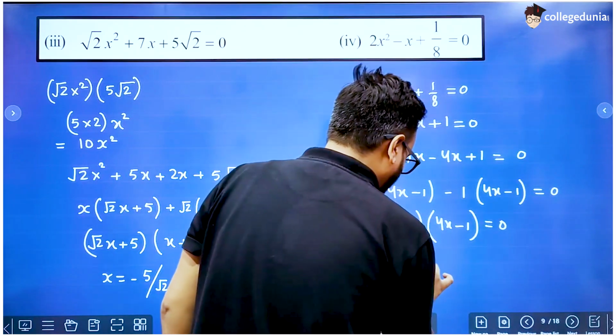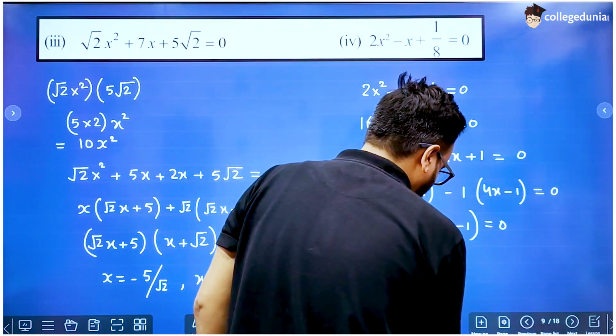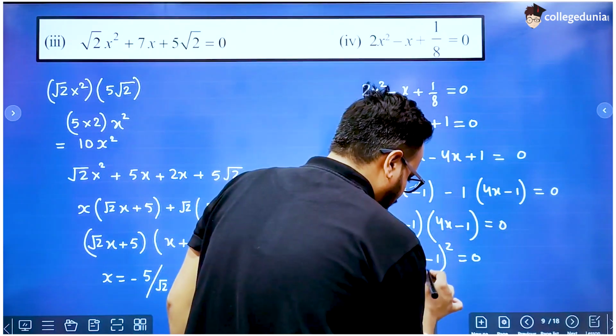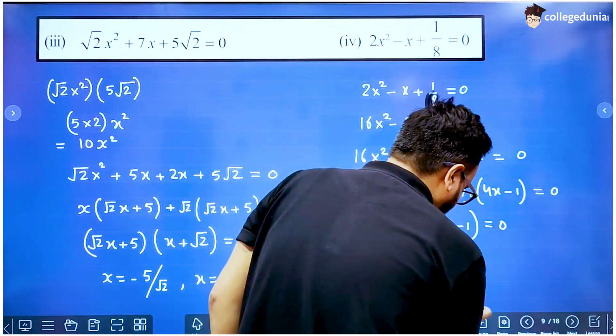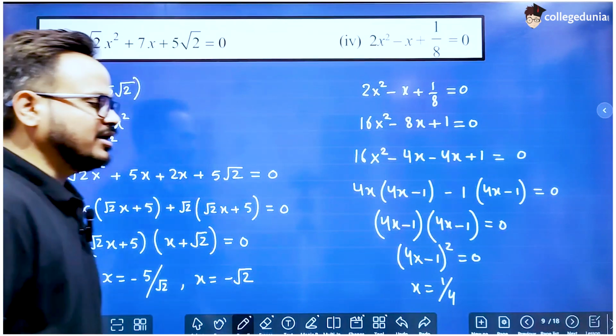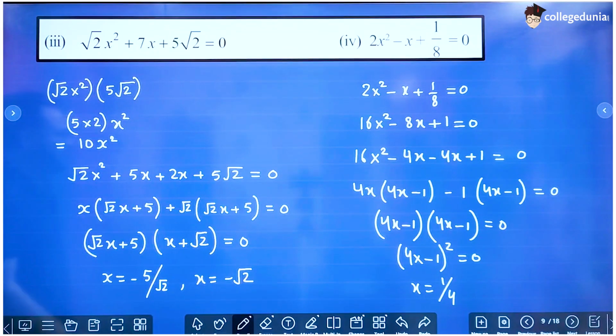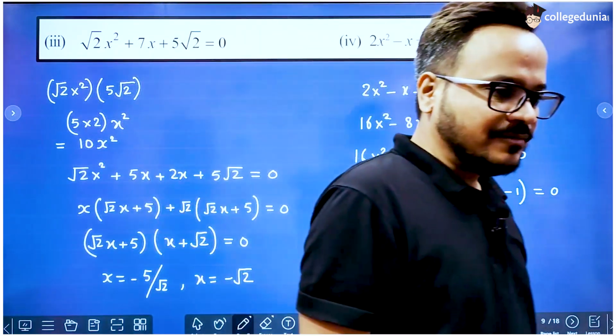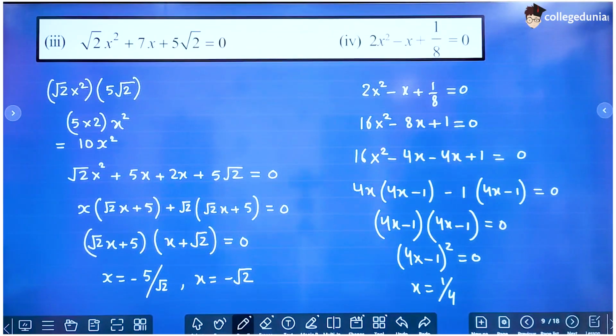So this is the type of quadratic equation that I was mentioning before. It will give you only one root, and that is, if you put it equal to 0, you will get x equal to 1 by 4, and that is the only root that it will give. So a quadratic equation can have a maximum of two roots, but it can give you one root also, and it will not give you any root in some situations.